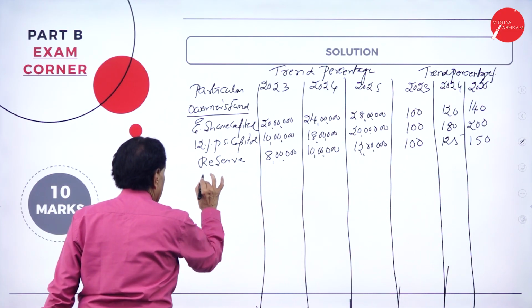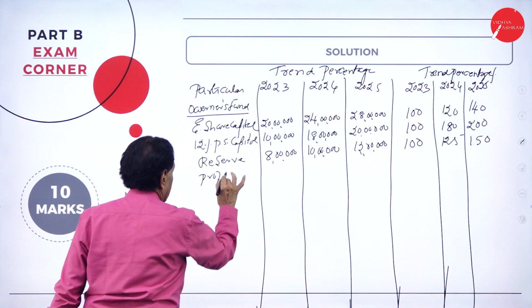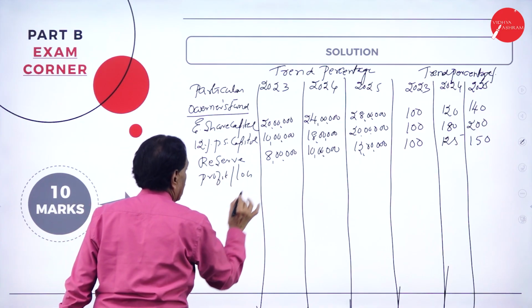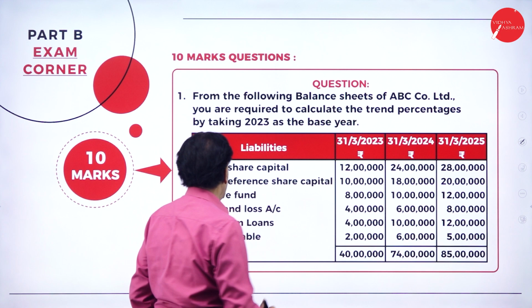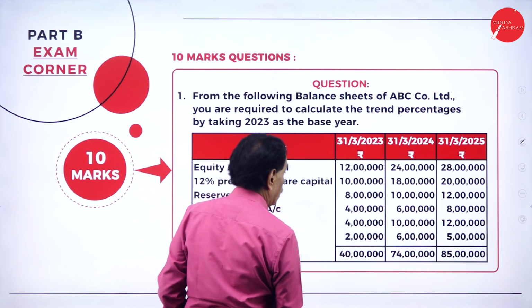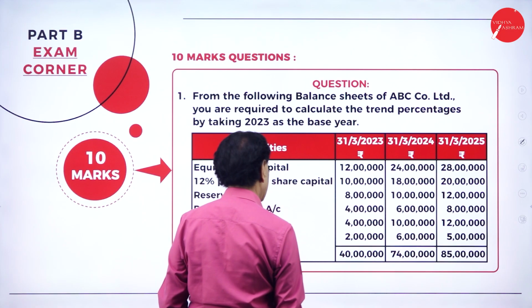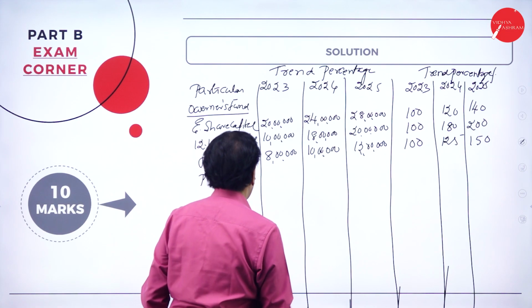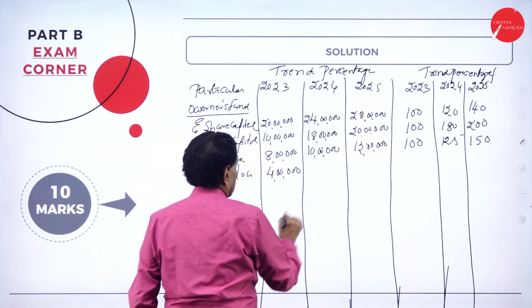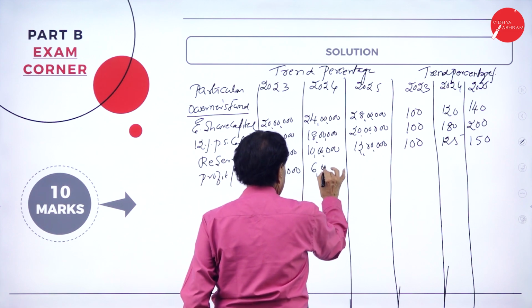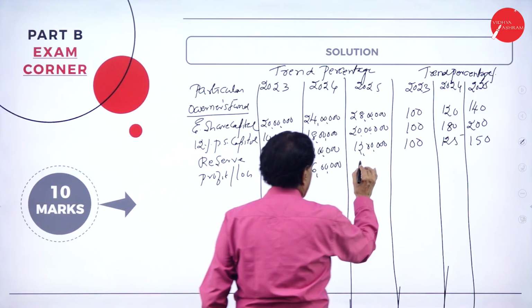Profit and loss: 4 lakh, 6 lakh, 8 lakh.